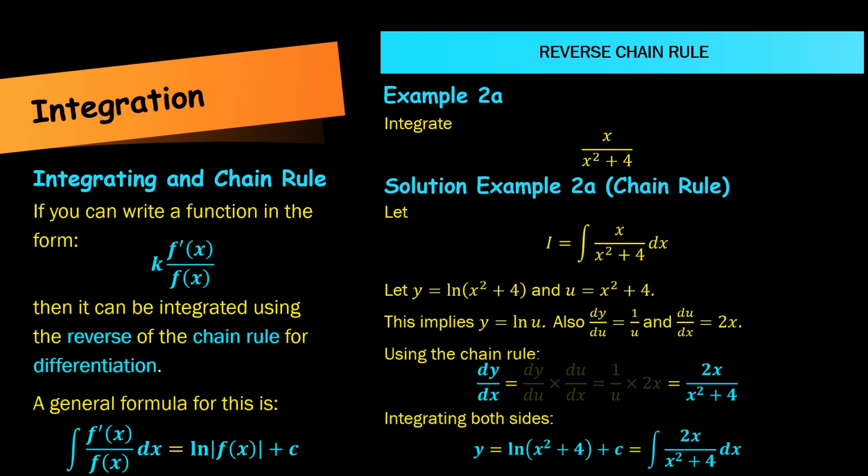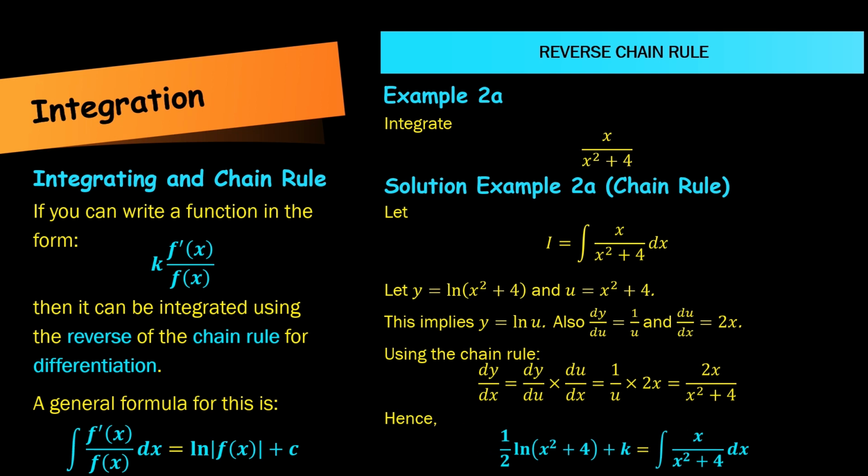So we have this expression. We're actually required to integrate x over x squared plus 4, not 2x over x squared plus 4. So we need to adjust for the 2 and divide both sides by 2 to give us half ln of x squared plus 4 plus k equals the integral of x over x squared plus 4 dx.